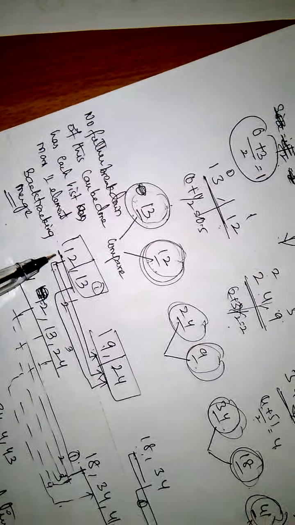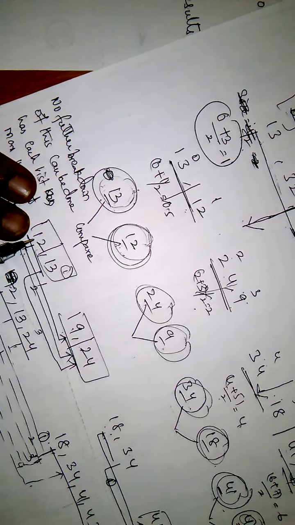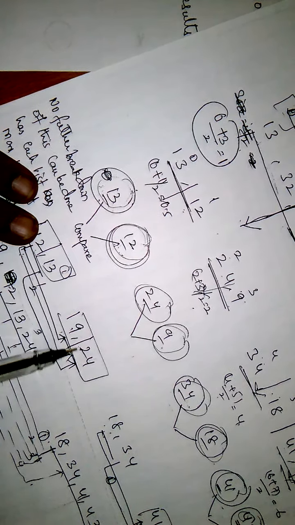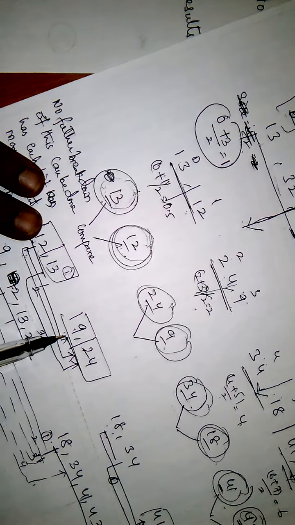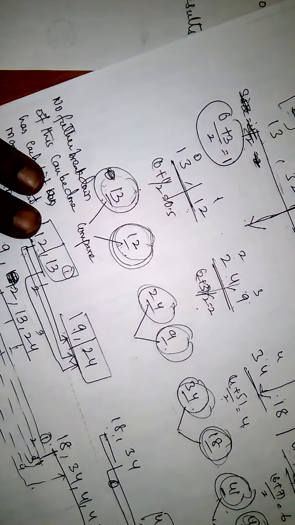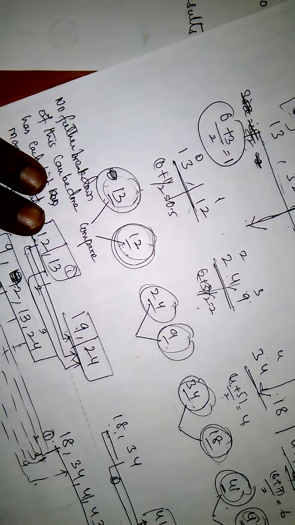Now I am comparing 12. This is the adjacent list of the first one. Now I will compare the first element in the first list with the elements of the adjacent list. So I will compare 12 with 9. 9 is smaller, so I'll put 9 in the new sublist. Next, 9 is finished.